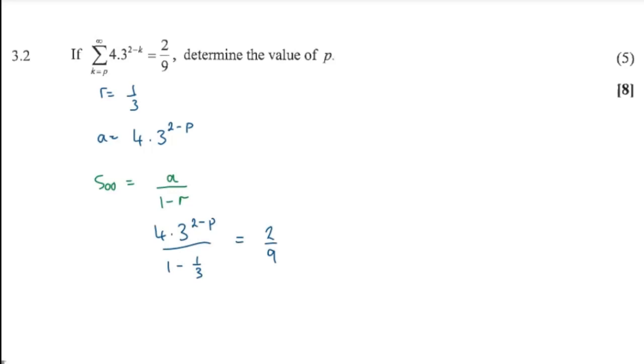Let's now simplify that. So 4 by 3 to the power of 2 minus p over 2 over 3 is equal to 2 over 9. You can cross multiply both sides by 2 over 3.